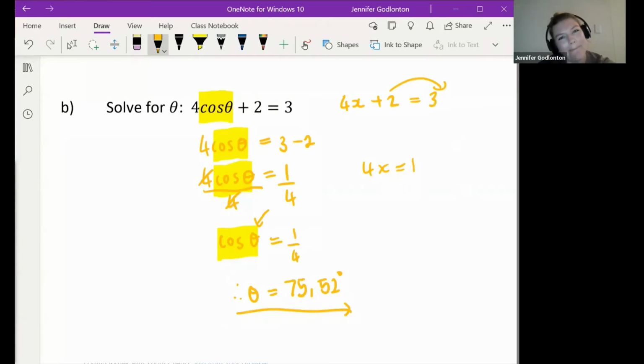Ma'am, after step 2, when you move the 4x plus 2 and then you move the 2 to the end, that makes it a negative 2. And then we get to dividing. We're going to divide by a common factor, right? What we were dividing by was this coefficient.